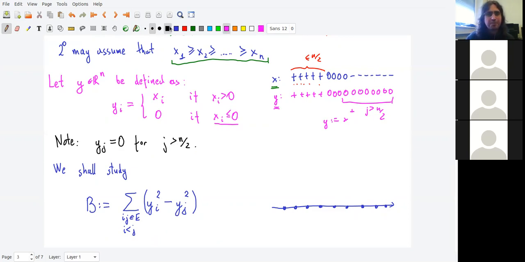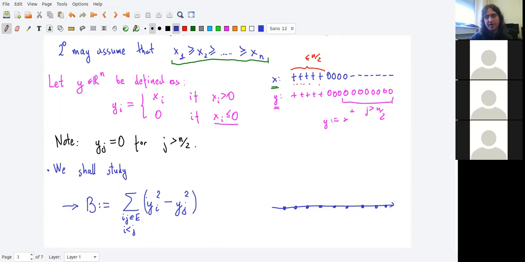Indeed. Okay. So the main trick of the proof, and I must say that I do not have enough intuition to say why this trick works, but it works, is to look at the following magic value.